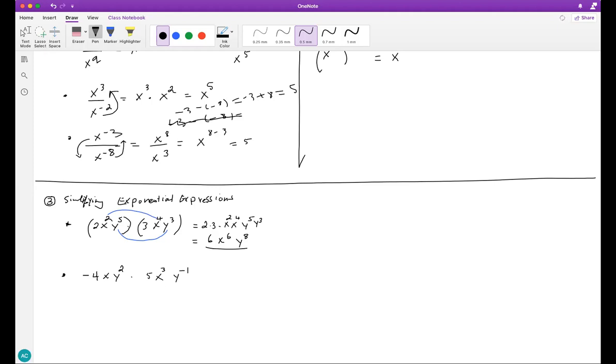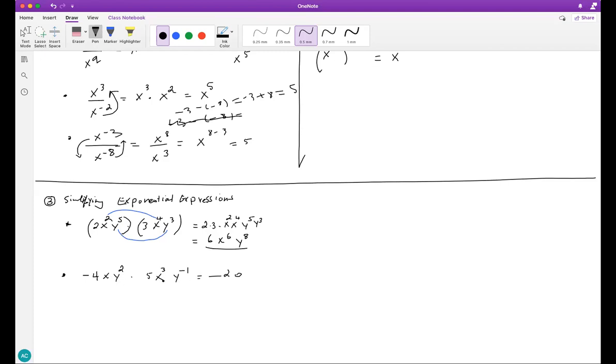So that's another example of multiplying algebraic expressions with multiple variables. Same rule, same method. What is this equal to? -20. That's right. First, we're going to multiply -4 by 5. It's -20.